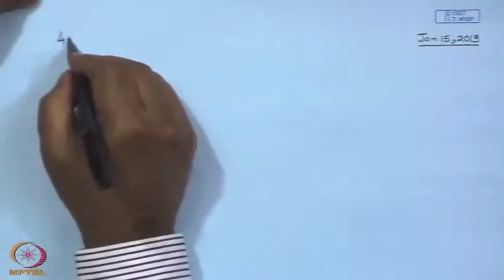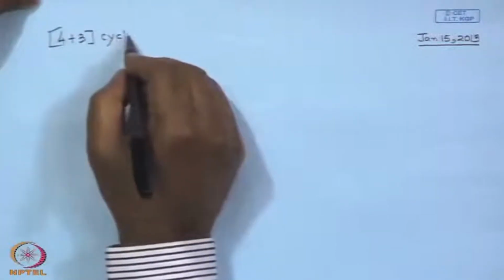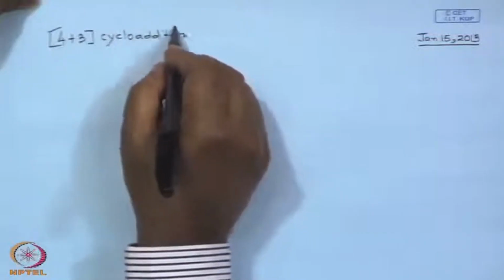Okay, good morning. Today's lecture is on another cycloaddition reaction, that is the 4 plus 3 cycloaddition reaction, and it is very similar to the one we talked about in the last class.